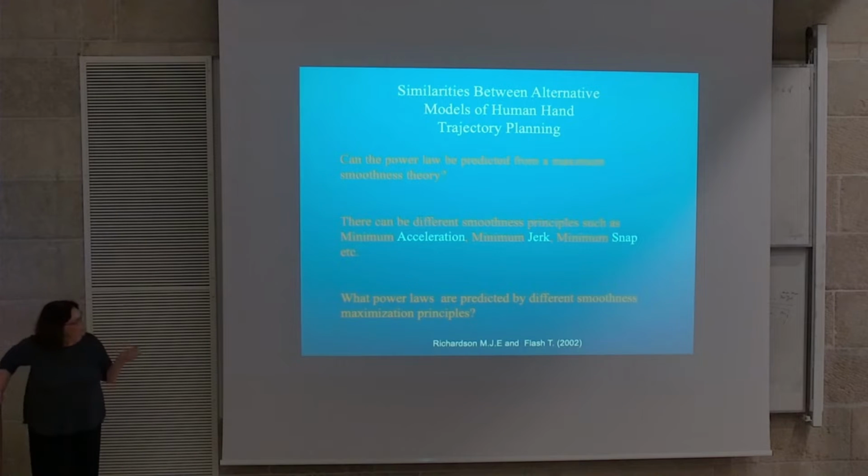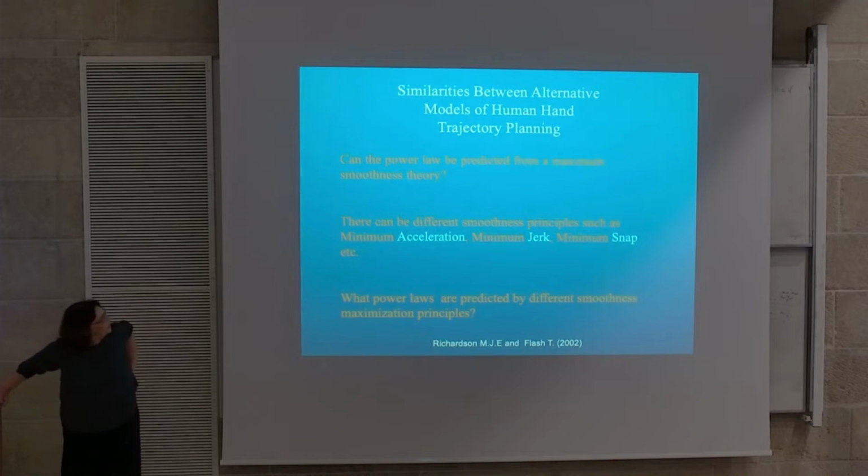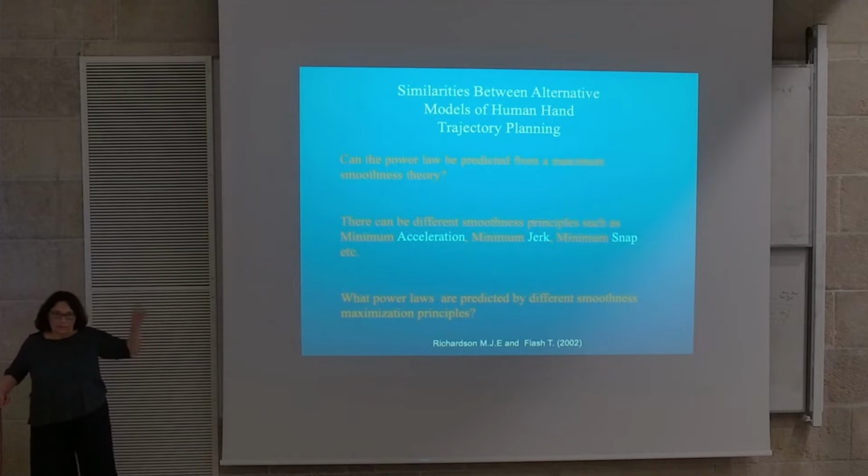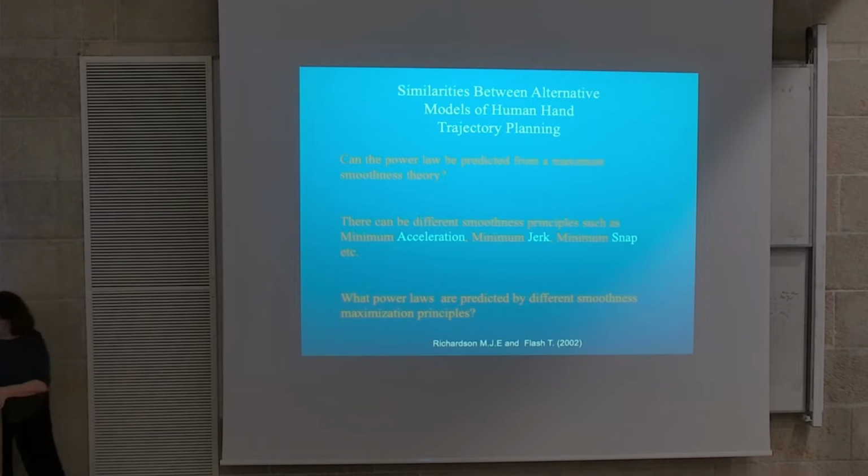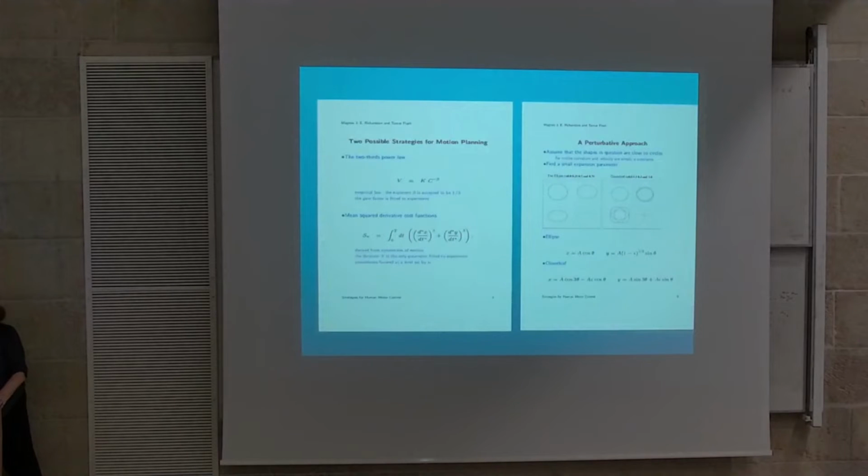Okay, we get it. So a long time ago with my postdoc, Magnus Richardson, we said, okay, why jerk? So maybe we can minimize acceleration or minimum snap, which is a higher derivative, the third-order derivative of position. Okay, so it's one above jerk. And you again can use mathematics to model it.